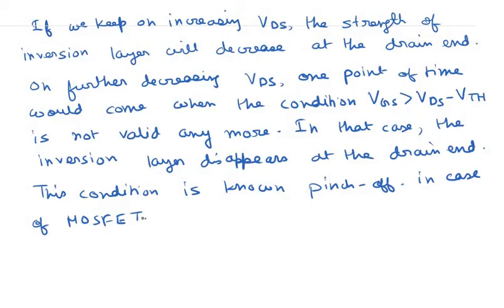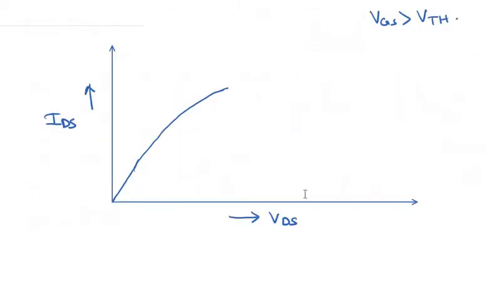Okay, so if we keep on increasing this VDS, just as I stated, the strength of the inversion layer at the drain end basically decreases, so the average strength of the channel decreases, so the current would not increase as fast as before on increasing VDS, but the rate of increase of current with VDS slows down.